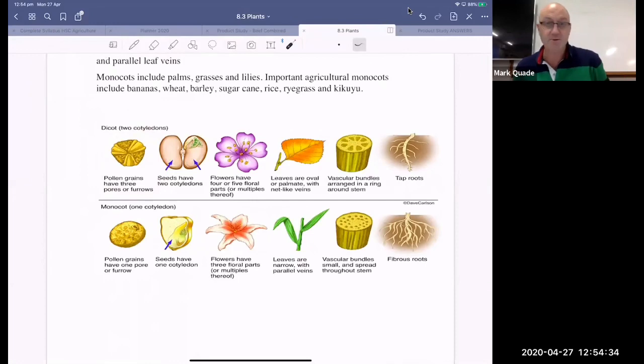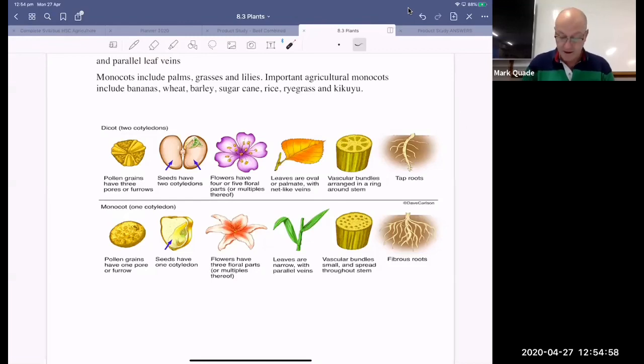But the main difference between a monocot and a dicot are the seed leaves, the leaves themselves. So we have this net-like leaf venation versus parallel leaf veins. Then we have a look at our vascular bundles on our stems.